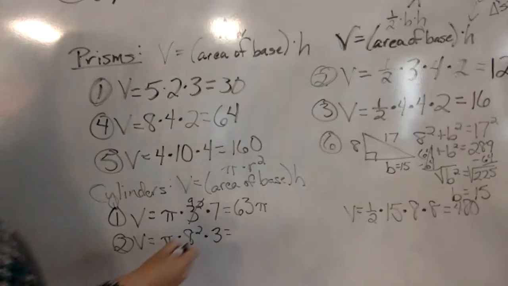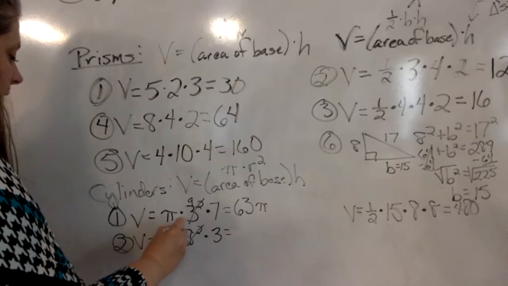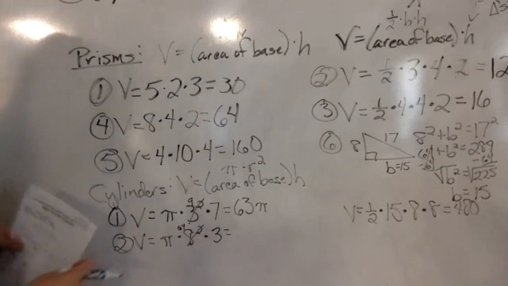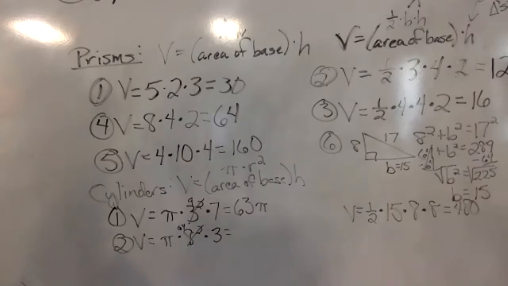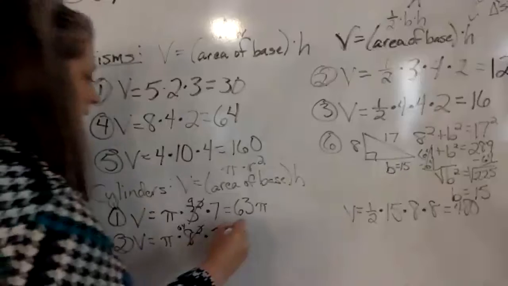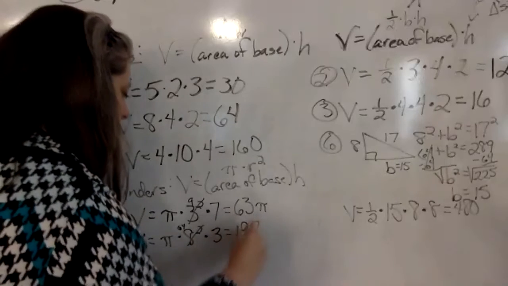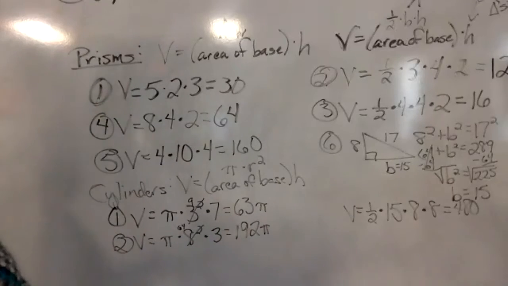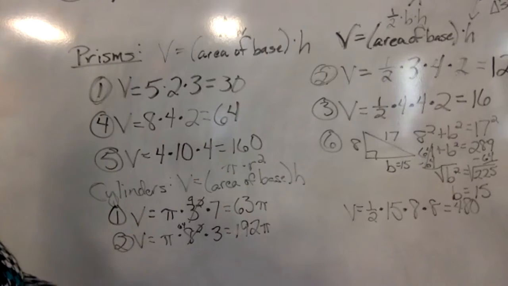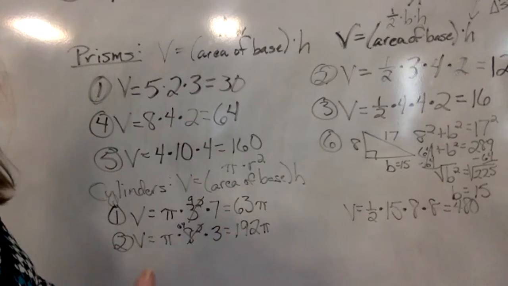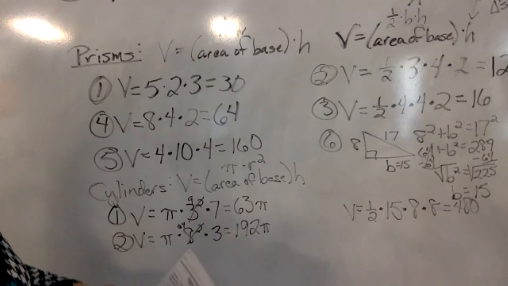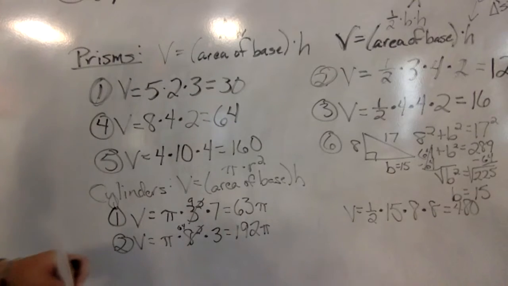And you just multiply it together. 8 squared is 64. 64 times 3, let me get my calculator. 64 times 3 is 192. So it's 192 pi. Okay? Pretty easy?